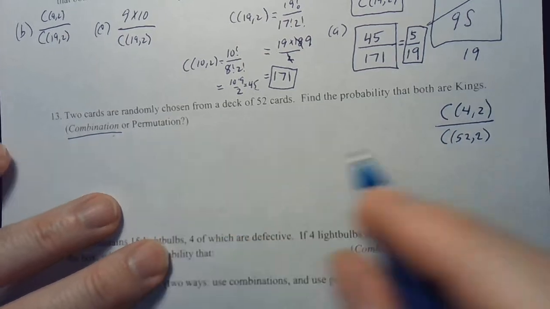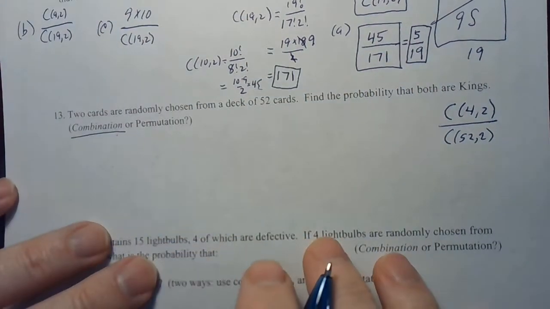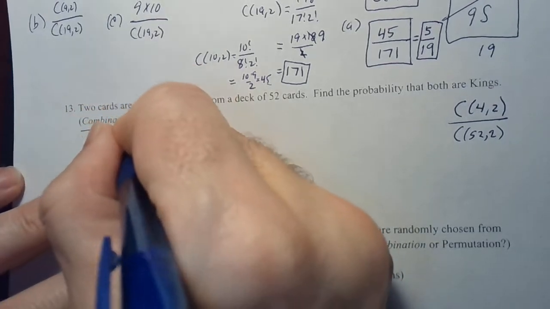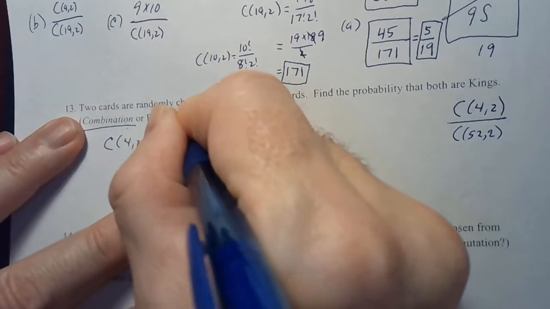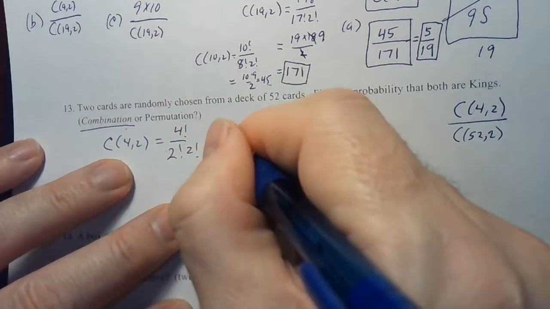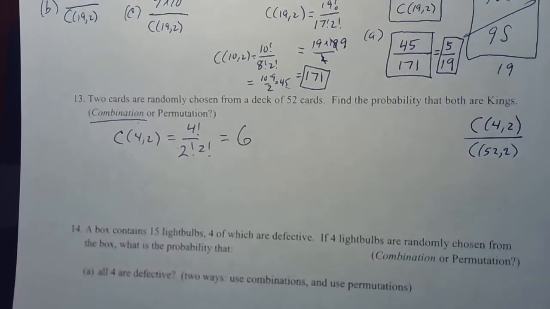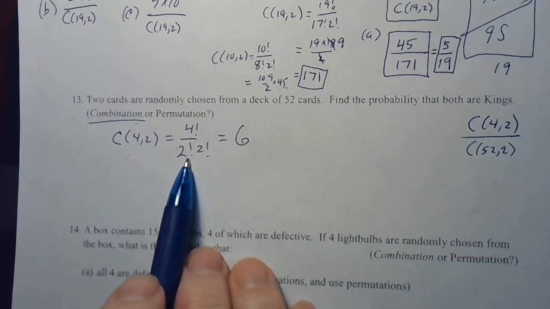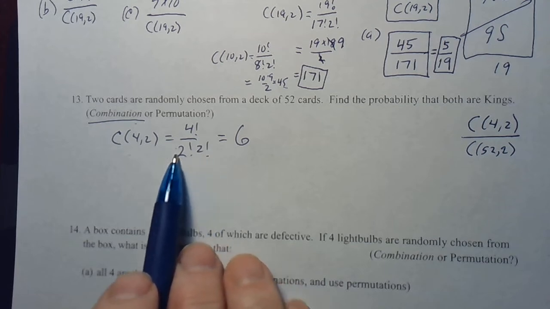So let's go ahead and work that out. 4 choose 2 is 4 factorial over 2 factorial times 2 factorial, which is 6. I'll let you do the arithmetic on that. Remember, 2 factorial is just 2, so the denominator is just a 4.